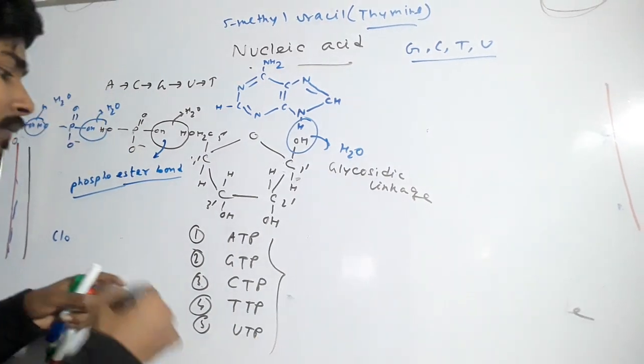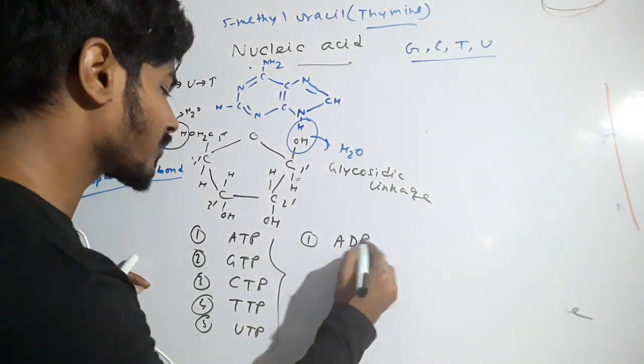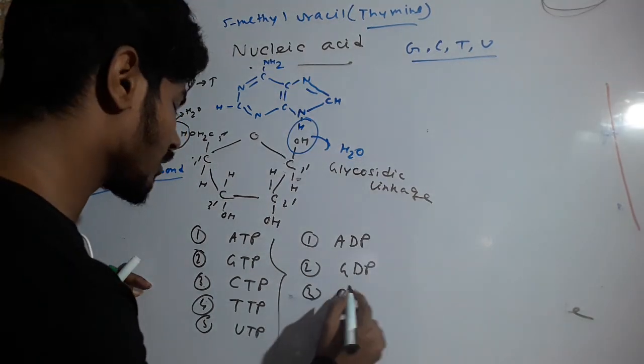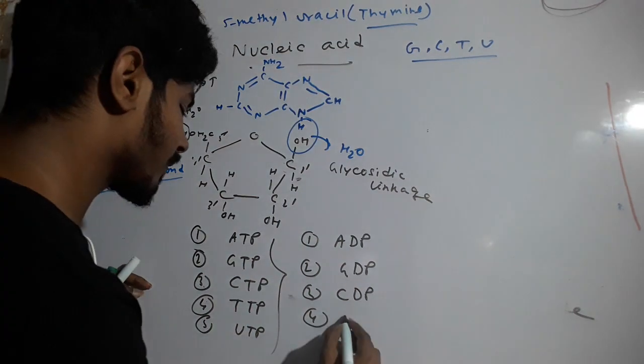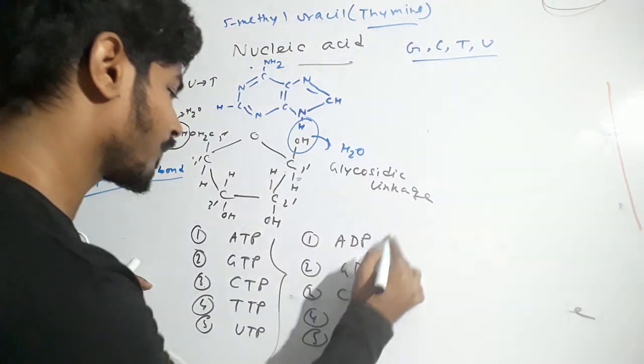Okay, there may be diphosphates also: adenosine diphosphate, guanosine diphosphate, cytidine diphosphate, thymidine diphosphate, and uridine diphosphate.